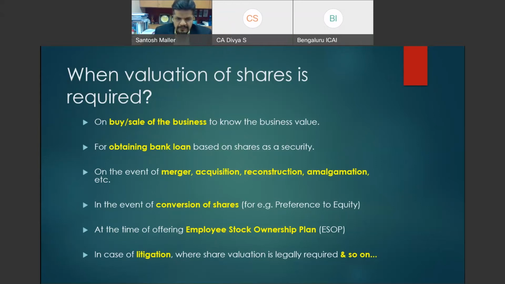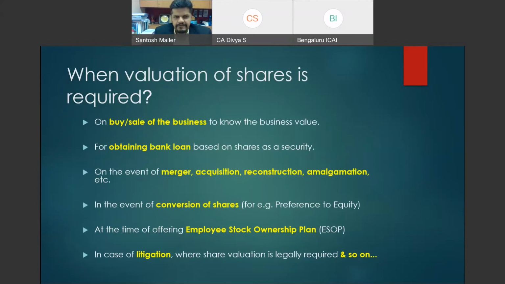Third point, on the event of merger, acquisition, reconstruction, amalgamation, etc. So when there is a merger between two companies, right? When one company is merging with another, there has to be a ratio. The consideration has to be decided, and therefore the valuation of the merged entity needs to be determined.